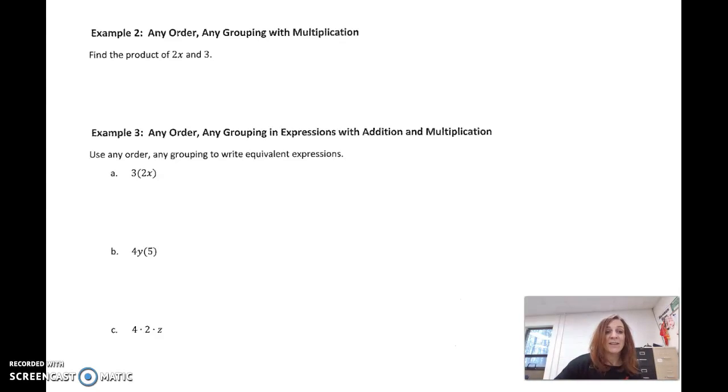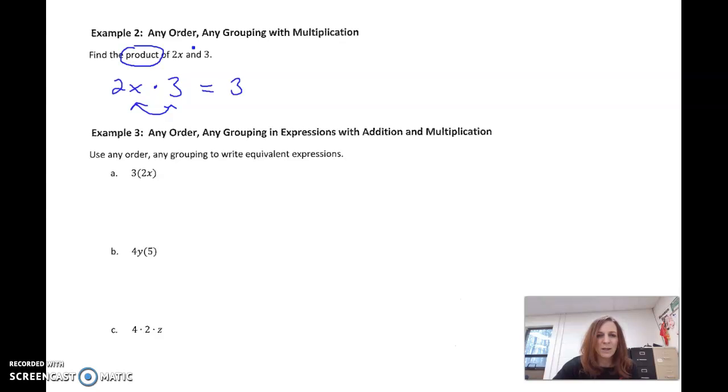So this one says find the product. Product, remember, is the solution to a multiplication problem, of 2x and 3. That's where we're multiplying, okay? So if we're finding the product of 2x and 3, I'm going to switch these around because I just want to show you something.